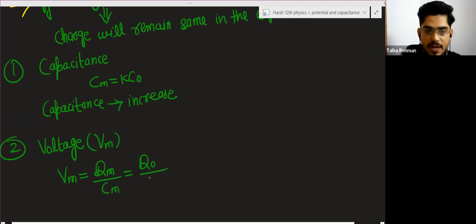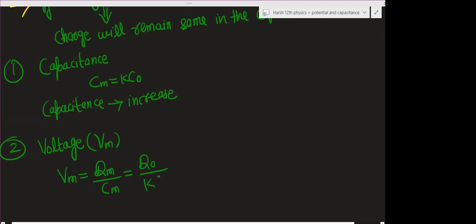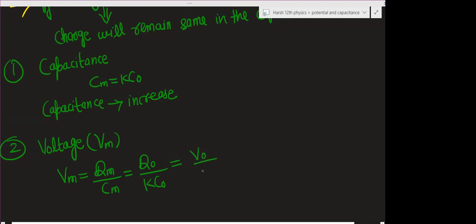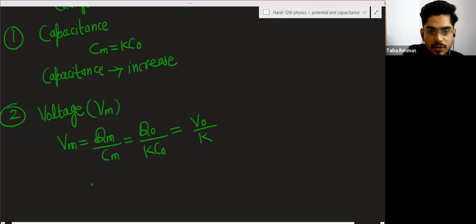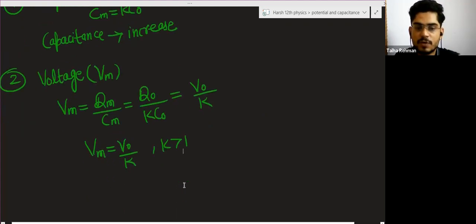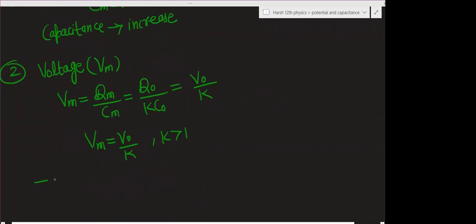Charge is the same, capacitance increases to K C naught. So Q naught by K C naught is V naught divided by K. Here Vm is equal to V naught by K, and K is greater than 1, so the voltage will decrease.